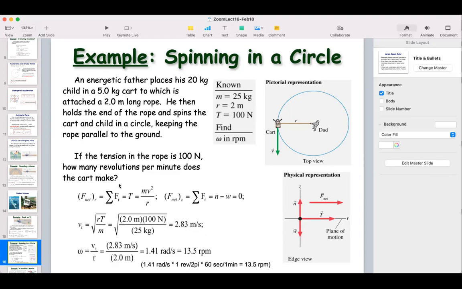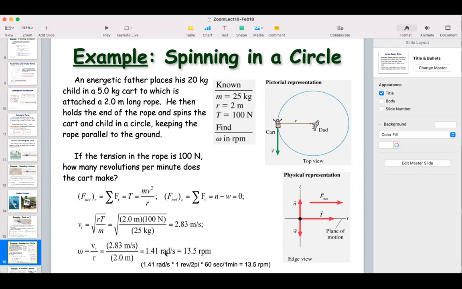Is that enough? No, because it's asking for revolutions per minute. So I need to find the angular velocity, which is the tangential velocity, 2.83 meter per second, divided by R. If I do that, I find the dimension is only radian per second, 1.41 radian per second.